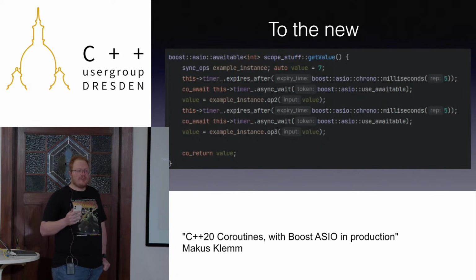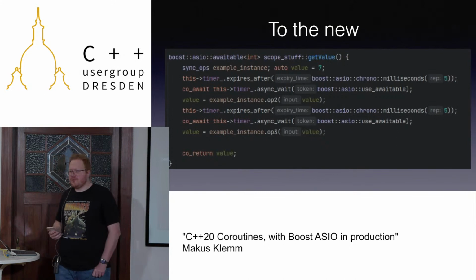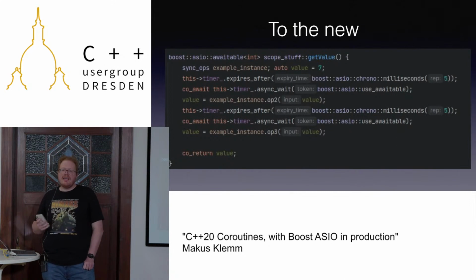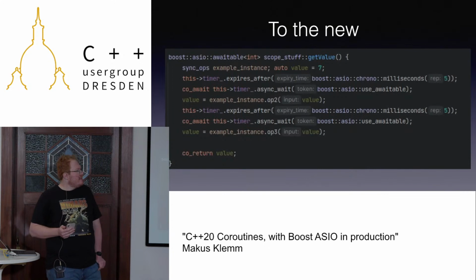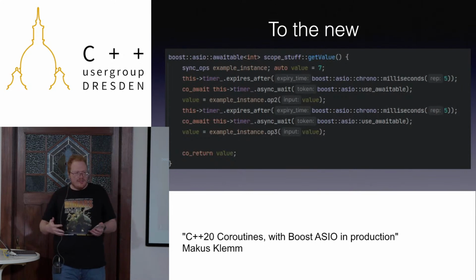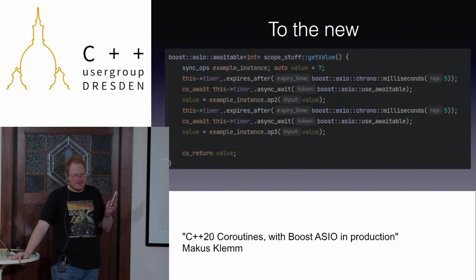You can also use coroutines for more scientific computing, where you use coroutines as generator functions, and then you would use the keyword co_yield. But because this would prolong this talk even further, and it wasn't really a use case for me, I will focus on asynchronous code.